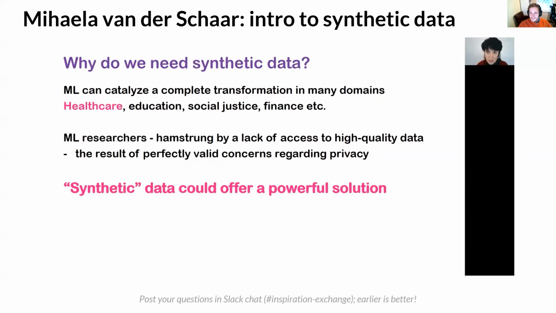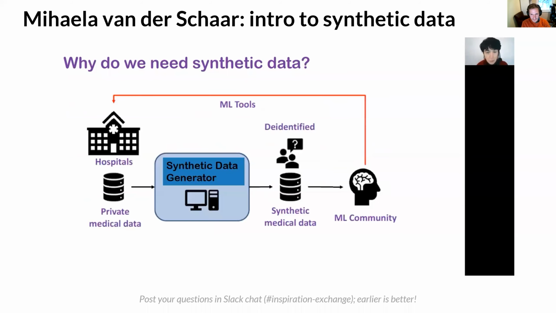Machine learning can catalyze a complete transformation in many domains: healthcare, education, social justice, finance, etc. But machine learning researchers are hamstrung by lack of access to high quality data in these various domains. This is the result of perfectly valid concerns regarding the privacy and sensitivity of this data. So synthetic data could offer a powerful solution to this problem.